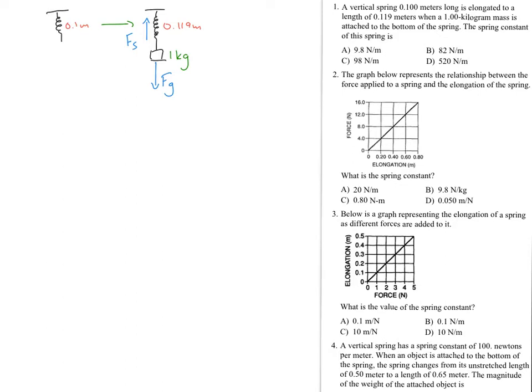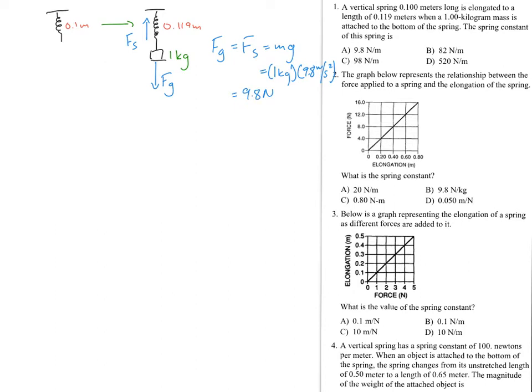Therefore, F of G is equal to F of S. Finding that F of G, we're going to do mass times g. When you put in those numbers, it's going to be 1 kilogram times 9.8 meters per second squared, which means that the force of gravity, which is also the spring force, is equal to 9.8 newtons. Okay, that's the first step.